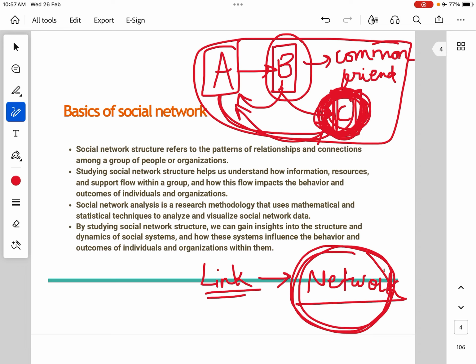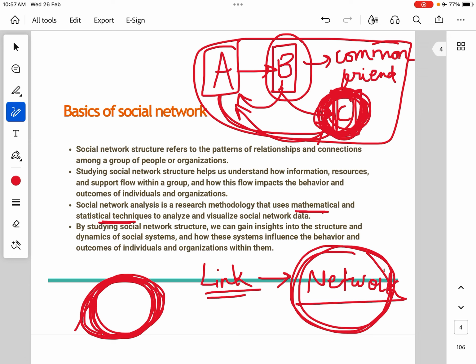All this networking is done using mathematical and statistical techniques, which lets us analyze how people are getting connected with each other. That's why we say that the world is a circle. That means you are bound to meet friends who have common friends with you. That's the main reason we say that the world is a circle.